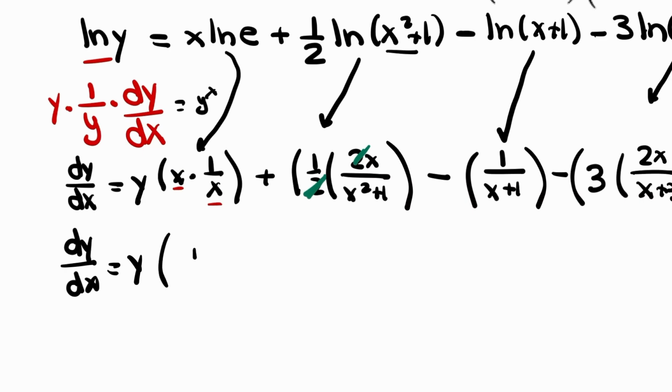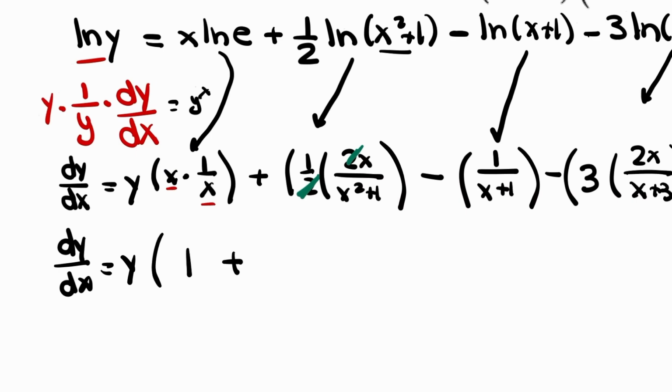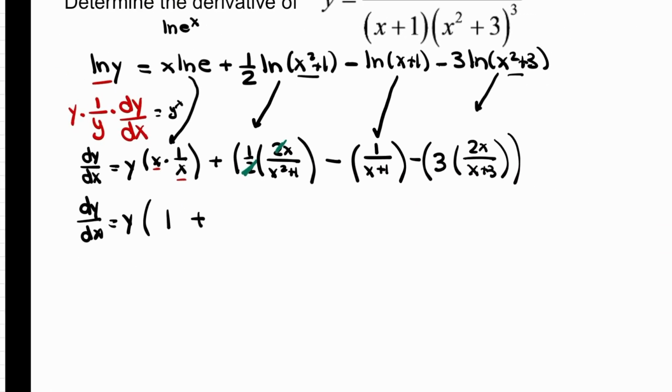So that's 1 plus our next bit, which is x over x squared plus 1, minus 1 over x plus 1. Now I'm going to multiply that 3 in. So that's minus 6x over x squared plus 3.